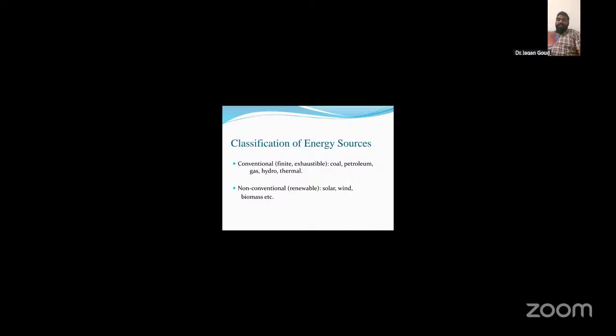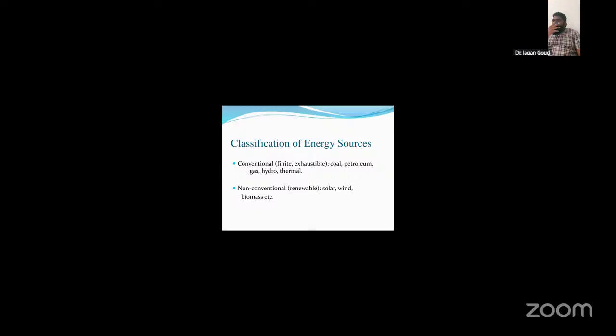Comparison of conventional versus non-conventional energy. Nature: conventional energy is exhaustible, but non-conventional energy is renewable and sustainable. Pollution: in conventional it is high, but in non-conventional the pollution is low.